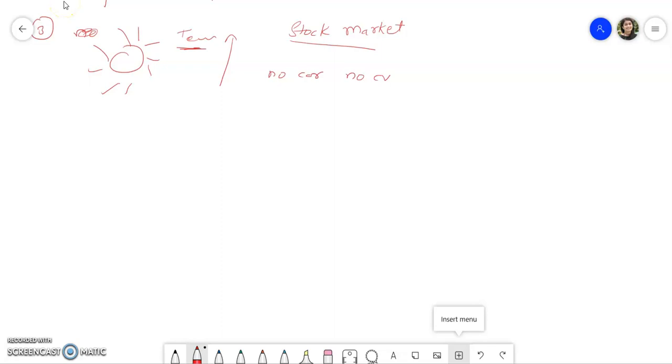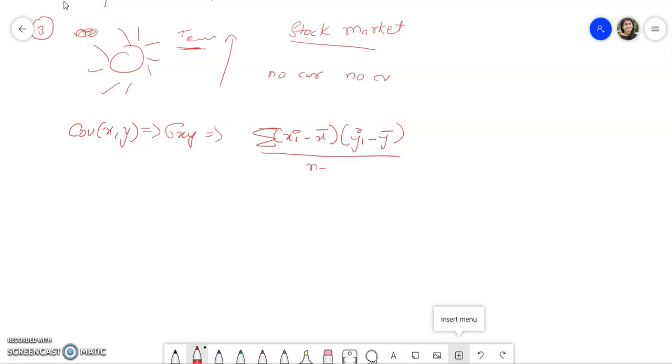So the formula for covariance is covariance of two variables, right? Because we find the relationship between two numerical quantities. So it is like this: xi minus x bar, then yi minus y bar, divided by n minus 1.